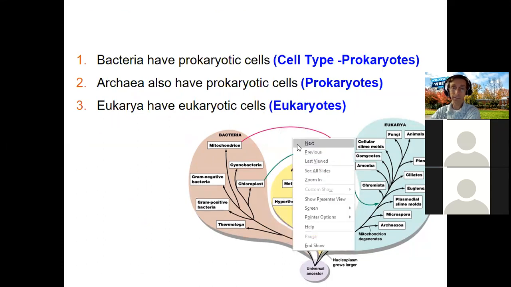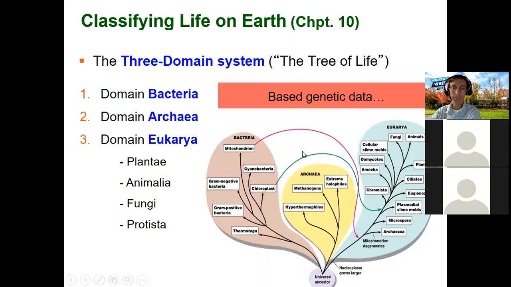Did that make sense? So the domain is characterized for how we classify an organism, and it's based upon the organism's genetic data, its genetic makeup.